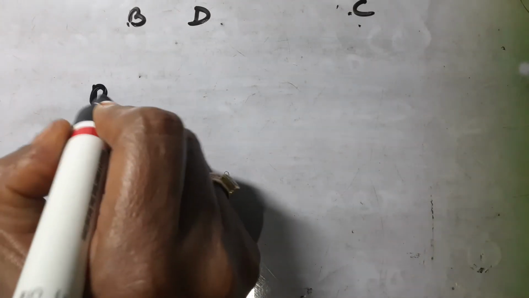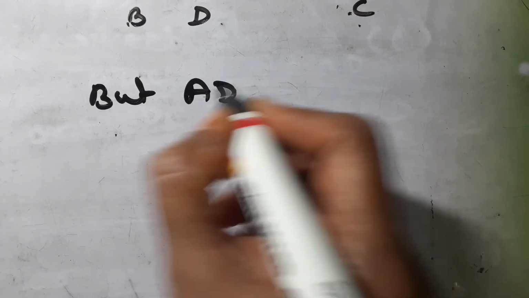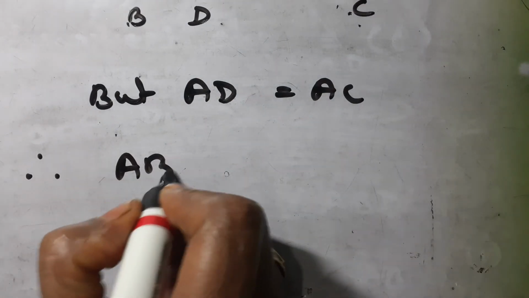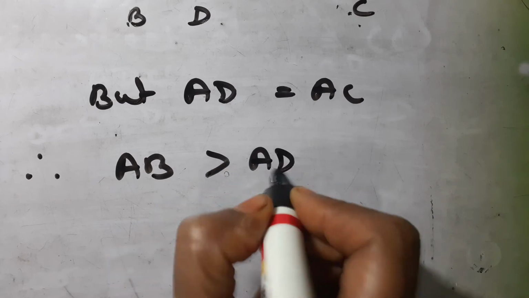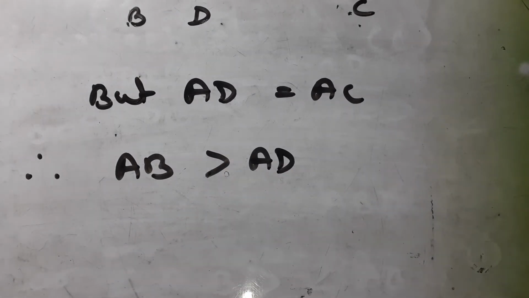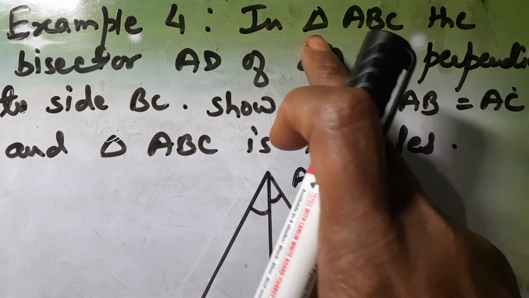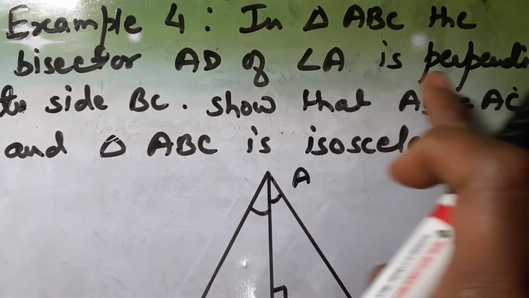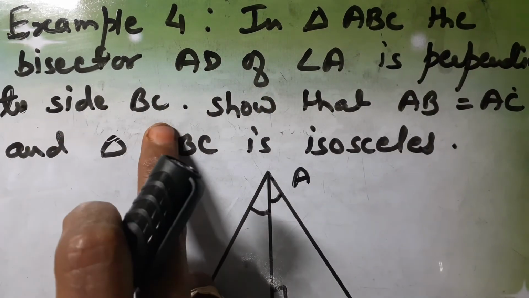But AD is equal to AC. Therefore, AB is greater than AD. Hence, proved. Example 4. In triangle ABC, the bisector AD of angle A is perpendicular to side BC.